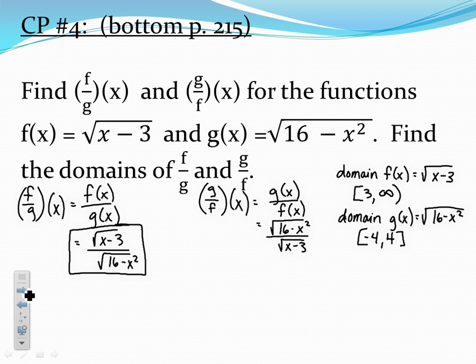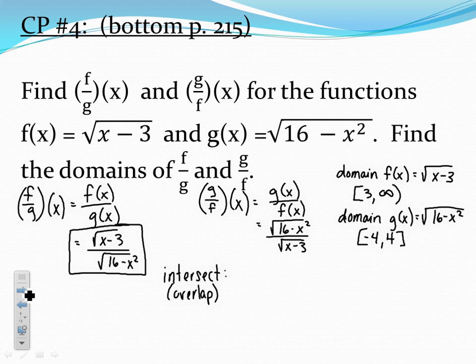Now, when we're looking for a domain of these two together, we're looking for their intersection. Okay, so if we intersect, we look for where they overlap. Because then those are things that can be used and satisfy both of them.